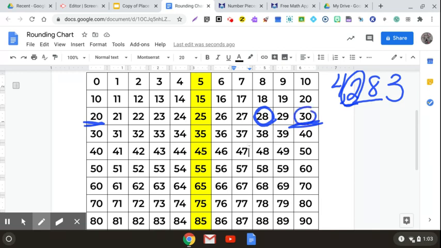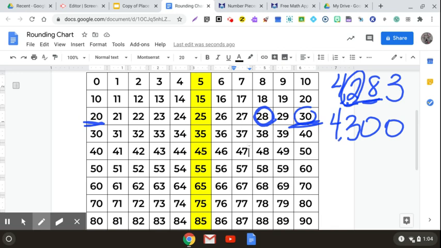There's my answer. Because look, his backseat driver is 8. 5 or more, raise the score. 8's more than 5, so 2 is going to become a 3. Everything else becomes a 0, and this becomes 4,300. Okay? I don't know if that helps or not.